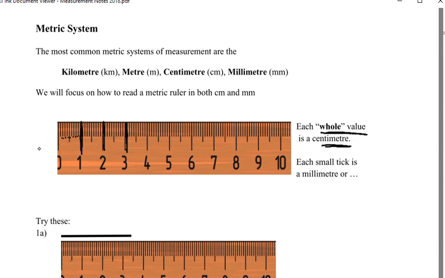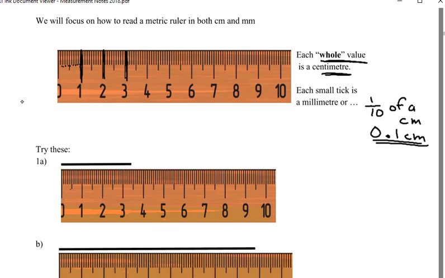So a millimeter is 1/10 of a centimeter, and so it's based on tens. But what's nice, instead of working with a fraction, we can work with 1/10 of a centimeter, the decimal part. So that's what's nice with the metric system. Everything can be thought of as decimals.